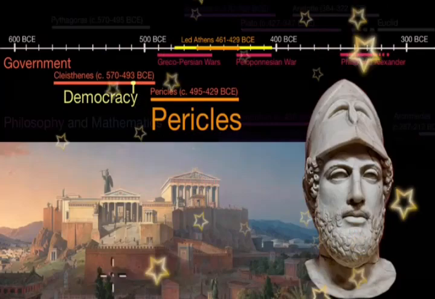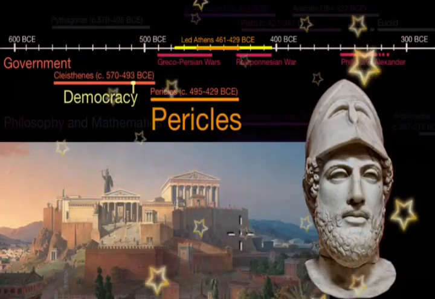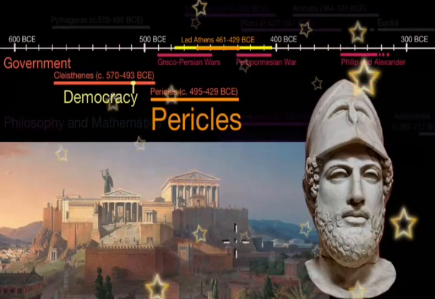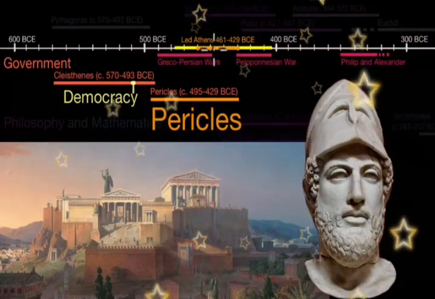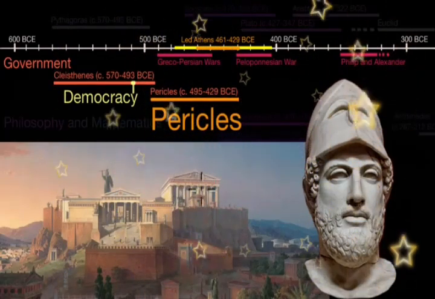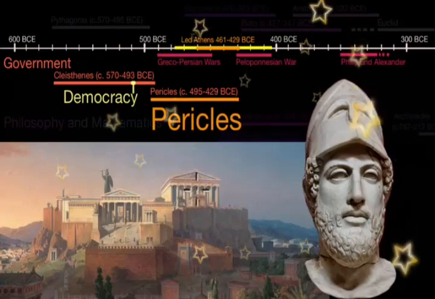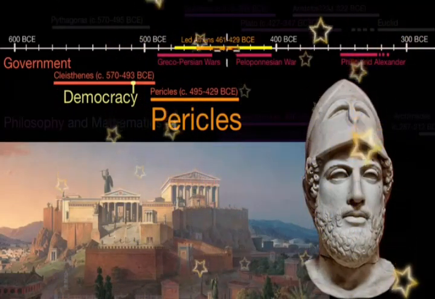Here you have a picture of the Acropolis, which is this rock outcropping which still exists in Athens, as it likely looked during the time of Pericles, during the golden age of Athens. And you can see here in particular the most famous structure, the Parthenon, a lot of which still stands today, was constructed under the rule of Pericles.